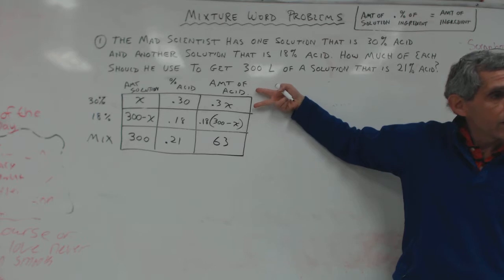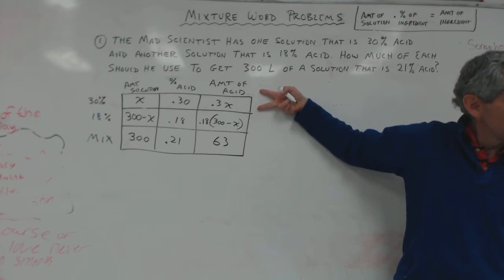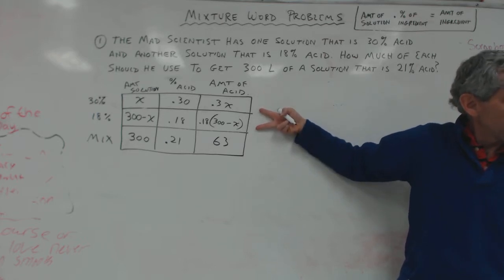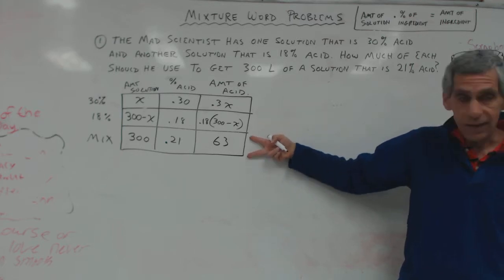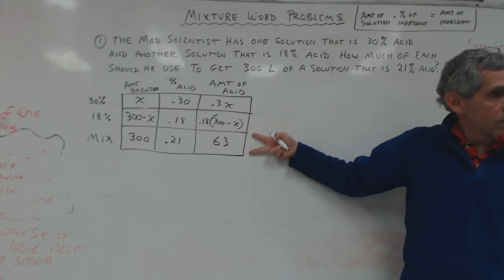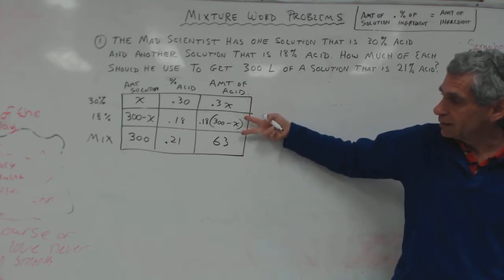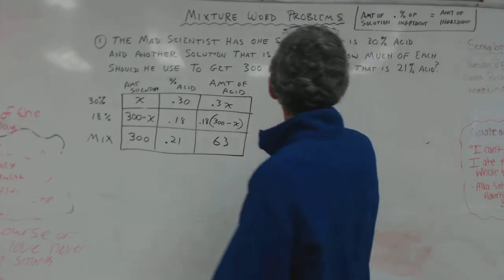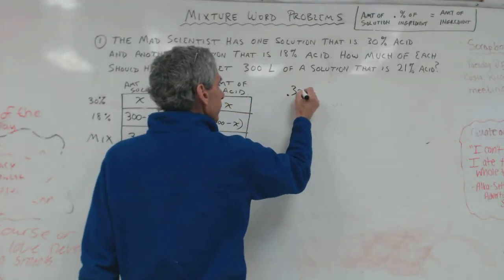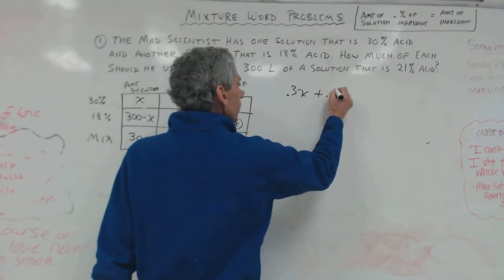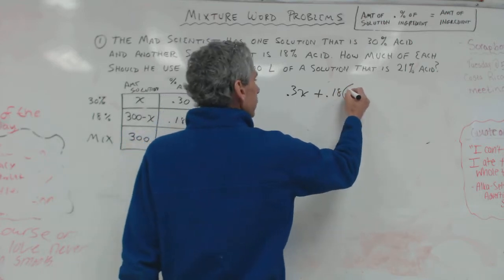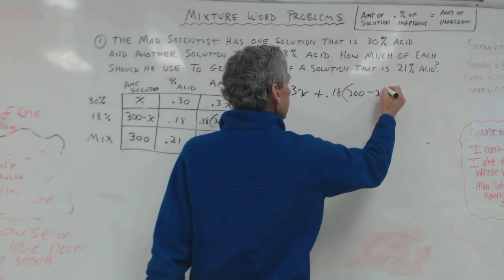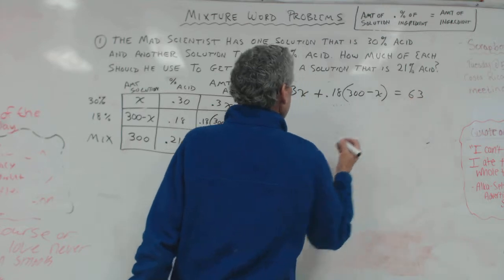We take the amount of acid from this solution, add it to the amount of acid of this solution, and get 63. Does that make sense? So it's going to be this plus this equals this. Pretty straightforward, right? So all I have to do is 0.3x plus 0.18 times (300 minus x) equals 63.